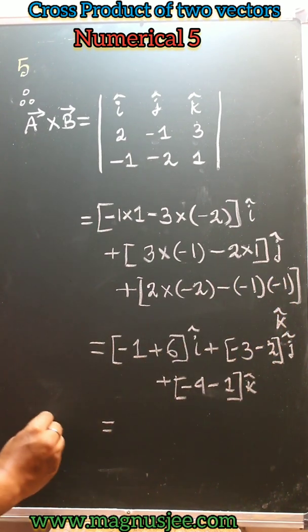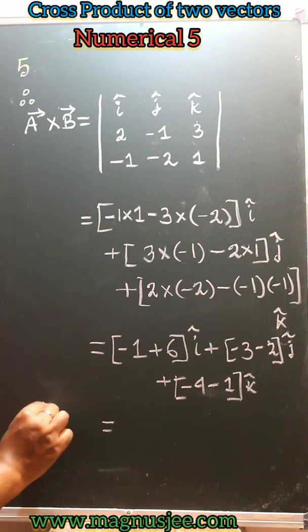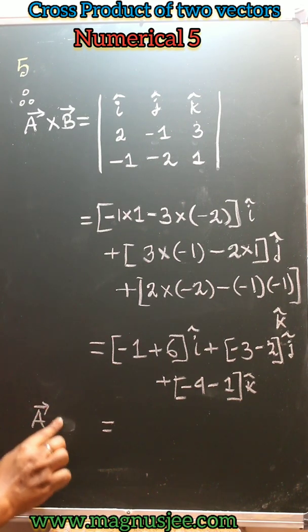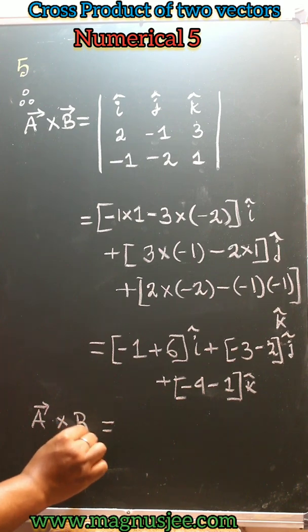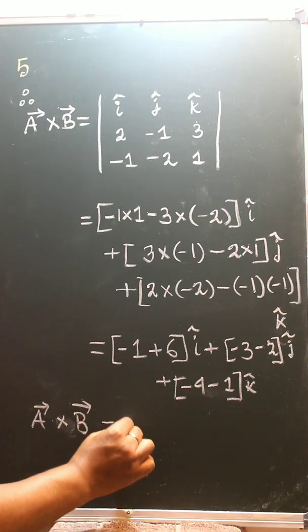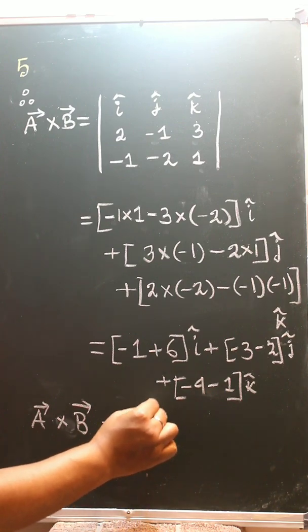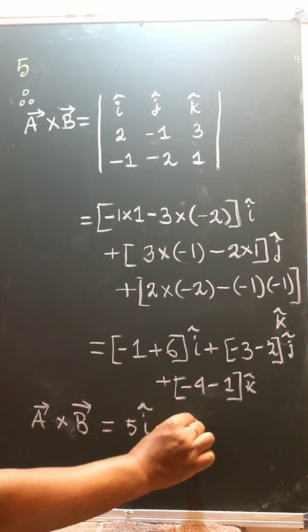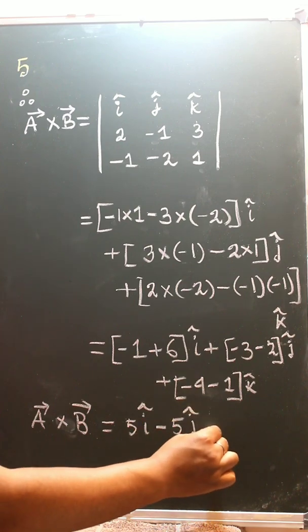So we get vector A cross vector B as 5 i cap minus 5 j cap minus 5 k cap.